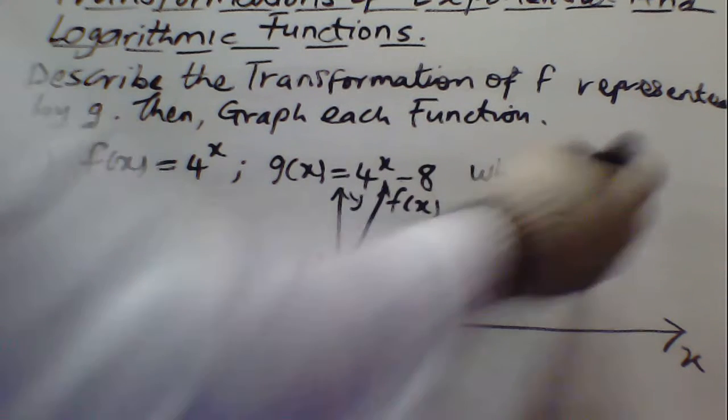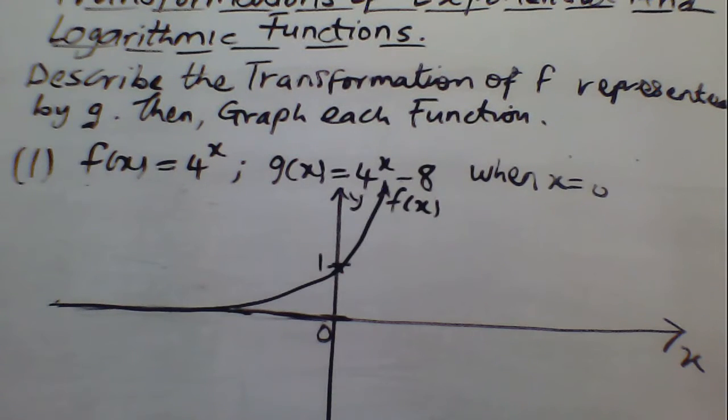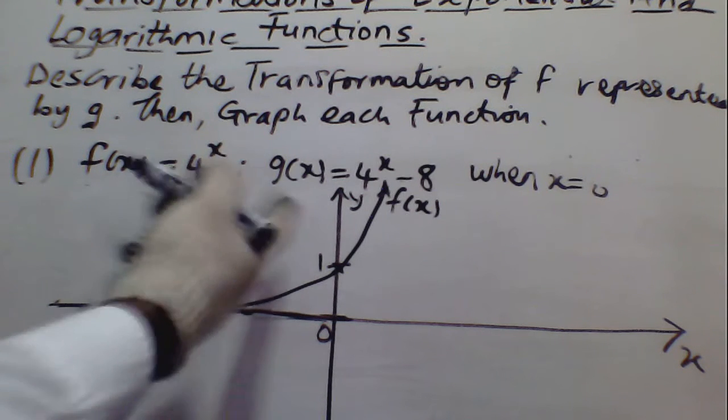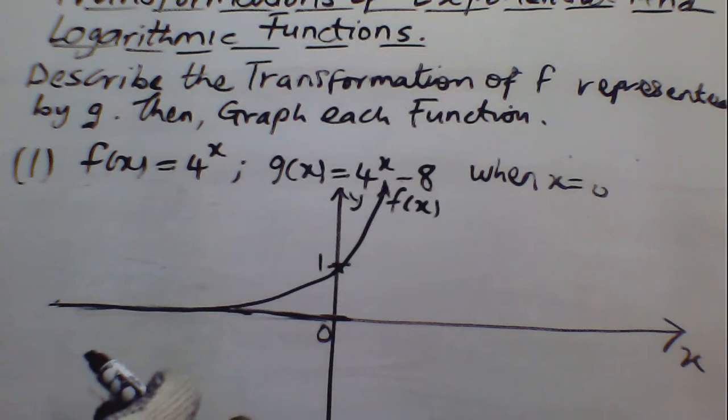Sometimes you may not be allowed to use a graphing calculator, so you have to make use of the knowledge of how to graph a function by using some values of x, substituting the values in the given function to find its values, and then using the table of values to plot the graph.